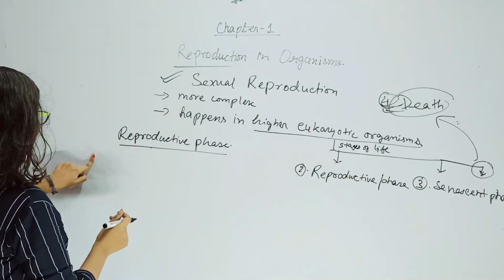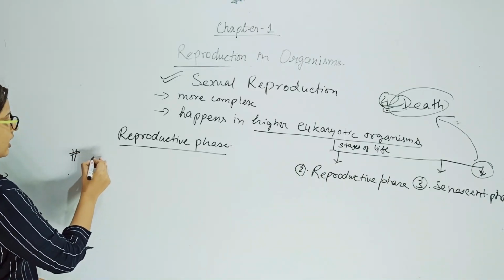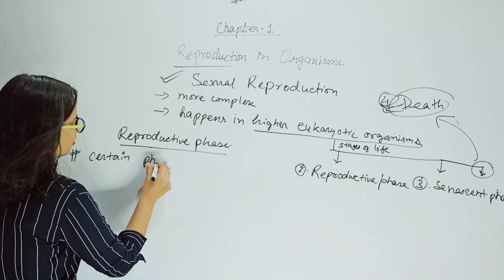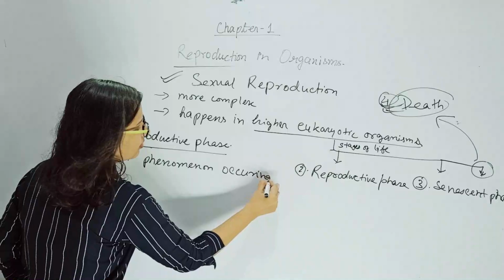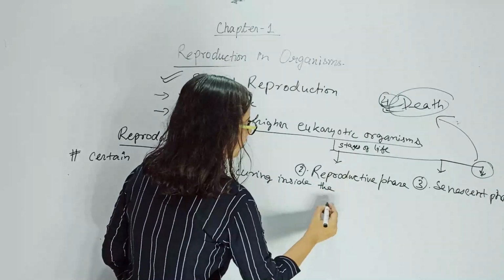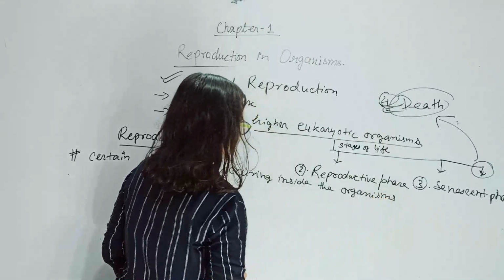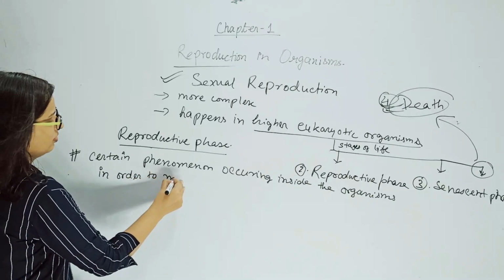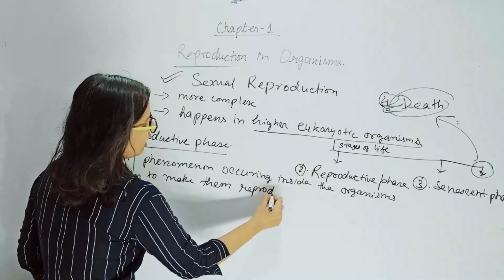So what happens is that there are certain phenomena occurring inside the organisms in order to make them reproductively mature.